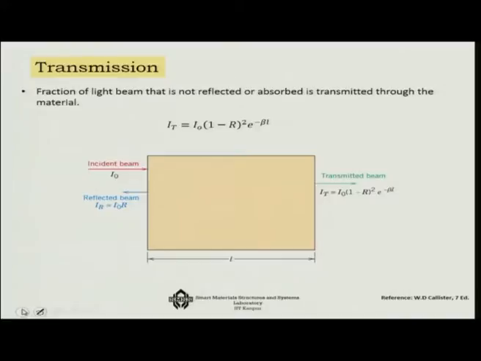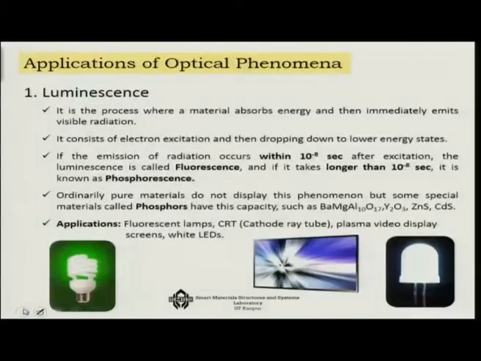IT is now I0 into (1 minus R) whole square times e to the power minus beta L. So, if I0 is the intensity of the incident beam, then part of it gets reflected, IR, which is I0 times R, and part of it gets transmitted, which is I0 times (1 minus R) whole square times e to the power minus beta L. So, this is what we get when the light is transmitted through the system.